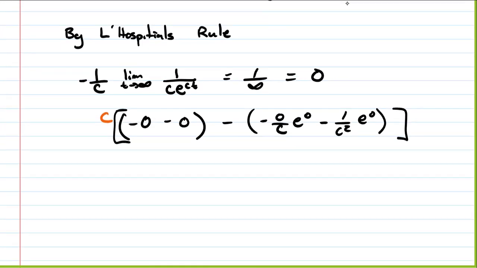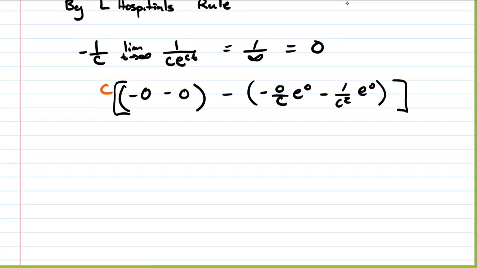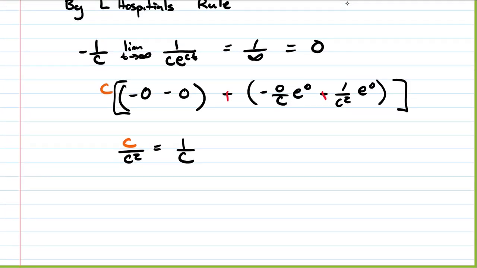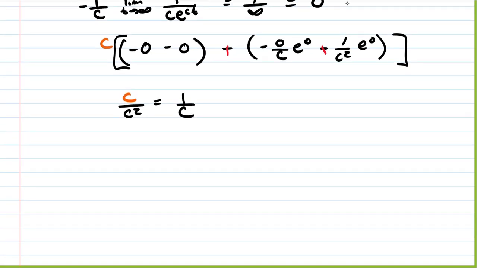Putting 0 in, a whole bunch of things are 0, and I've got about a billion minus signs. So plus and plus. We multiply our c's in. So we end up with c divided by c squared times e to the 0, which is 1. So we get 1 over c. So this gives us that mu is equal to 1 over c.